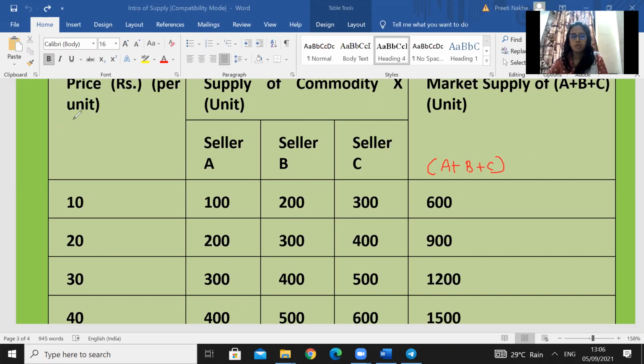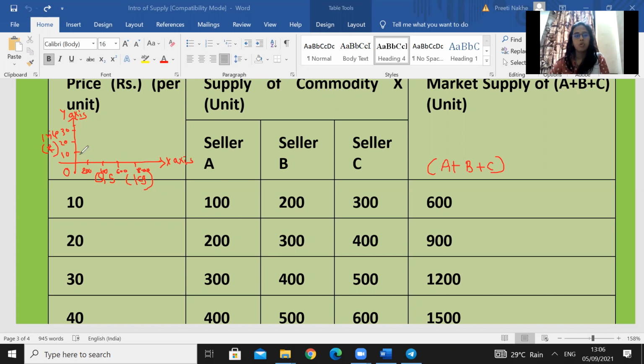Whenever you draw the diagram, we always express quantity supplied on the x-axis, and on the y-axis we show the price of the commodity in rupees. Here quantity supplied is in kg. Express the units also. Here is the origin. For 1 centimeter, take 10 rupees, 20 rupees, 30 rupees, 40 rupees, and on the other axis we can take 200, 400, 600, 800, likewise.